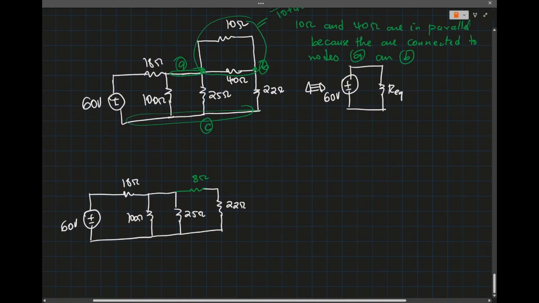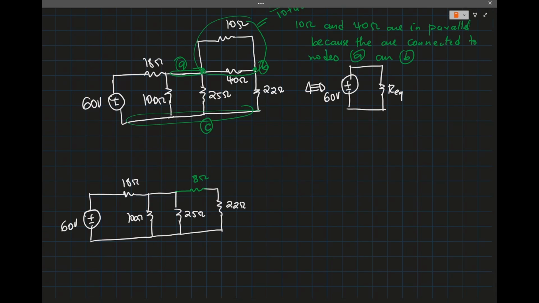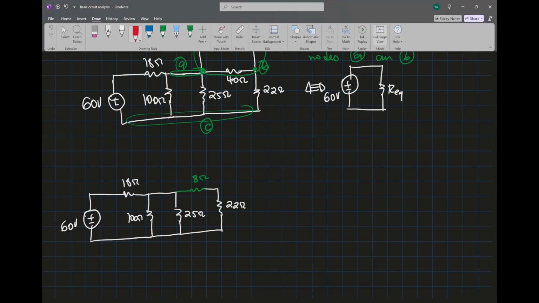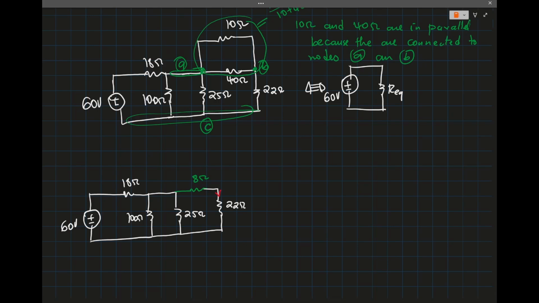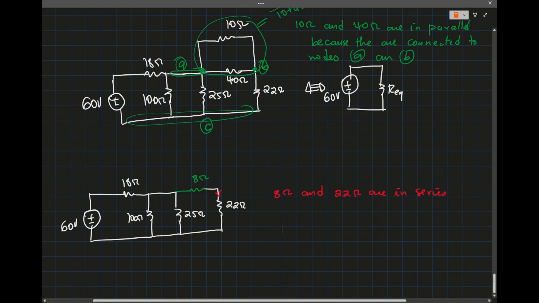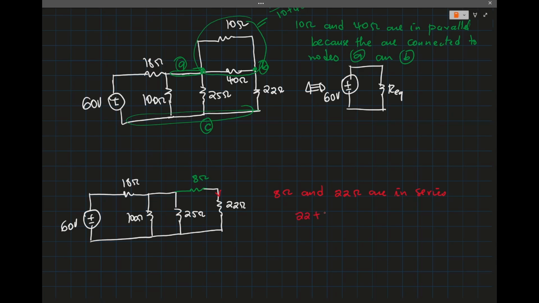The same current goes through the 8 ohms and the 22 ohms, so they are in series. That means the equivalent will be 22 plus 8, so that's 30 ohms.